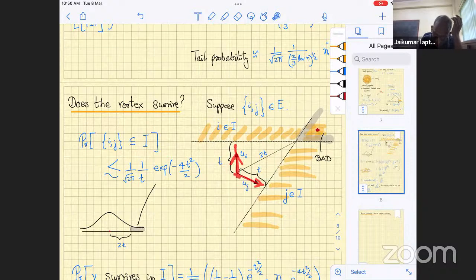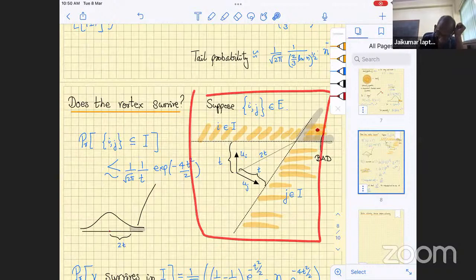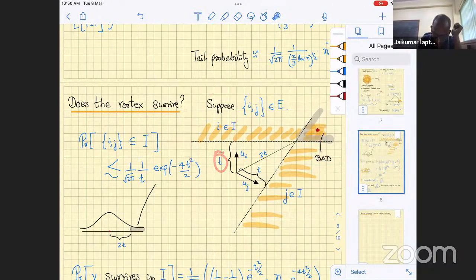So this is ui and uj, and they make an angle of 120 degrees. We would want to know if the vertex gamma, when you project it onto this plane. We want to finally project it onto ui and see whether it is a distance t away or not. But first, let us project it onto this plane.